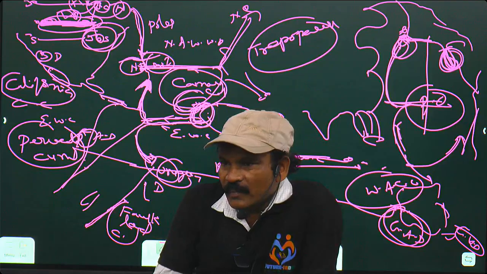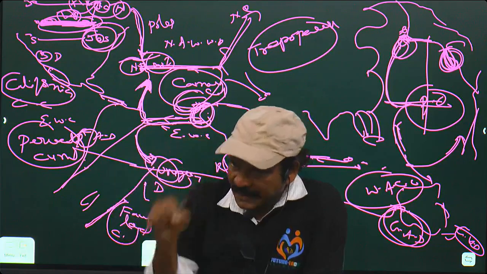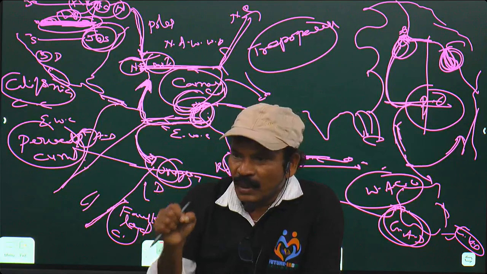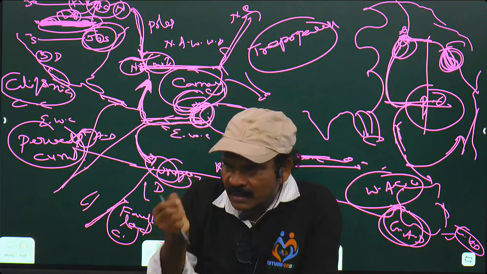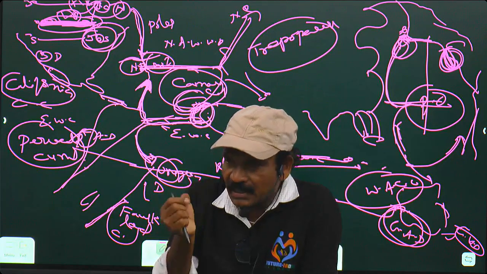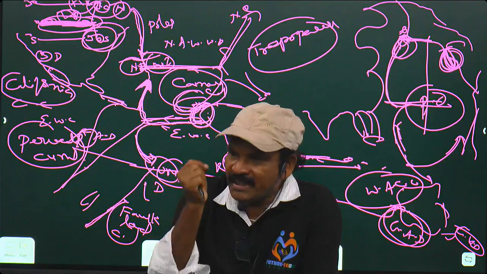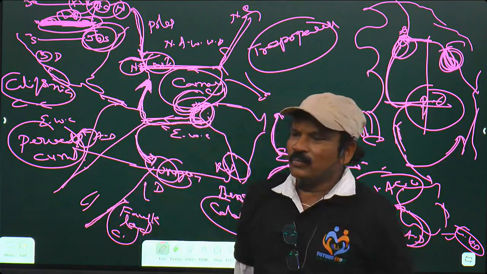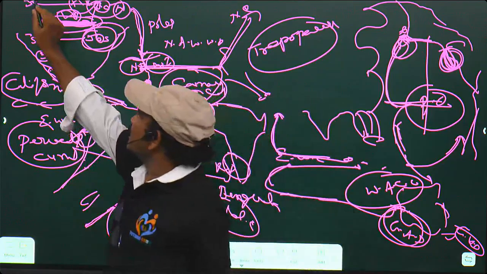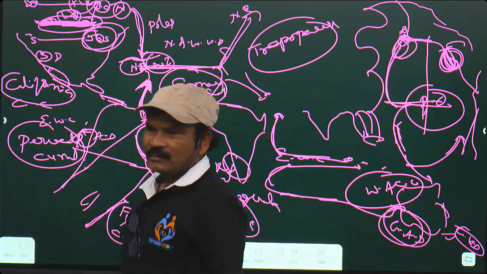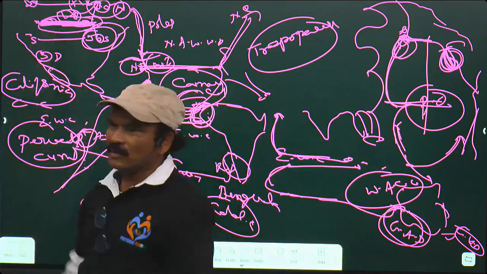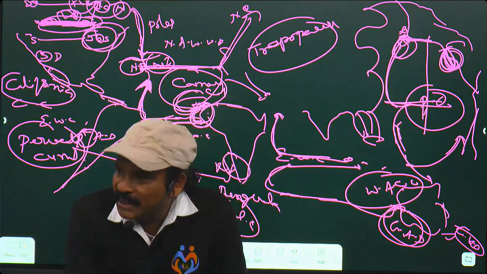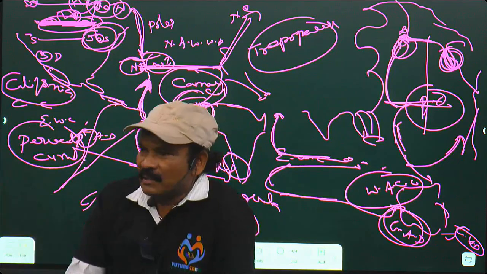Low pressure always leads to evapotranspiration. Evapotranspiration always leads to condensation. Condensation always leads to formation of clouds. Formation of clouds always leads to precipitation. But here, high pressure is there, so these are not possible to lead to precipitation.